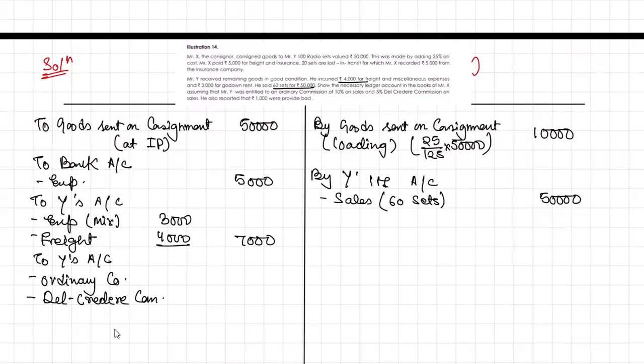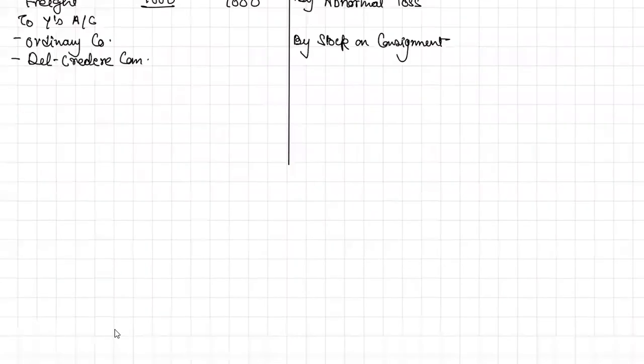Value of stock lost, abnormal loss, correct? So there will be by abnormal loss, and by stock on consignment. Both has to be done on working note. This working note is important.